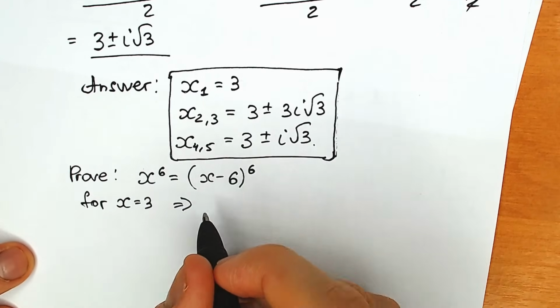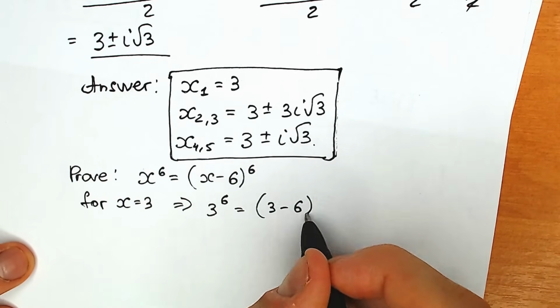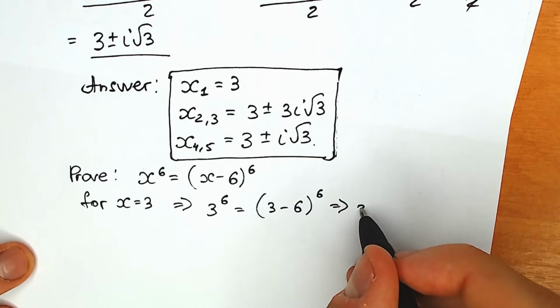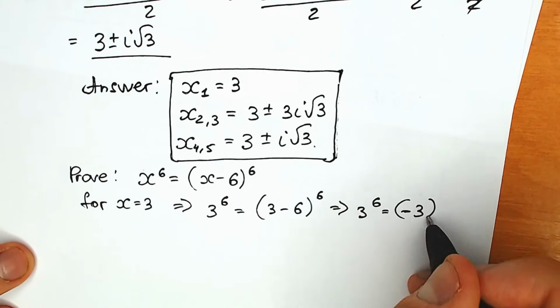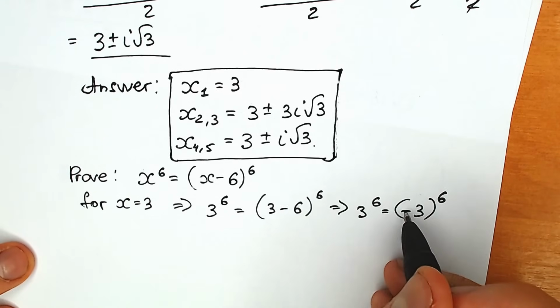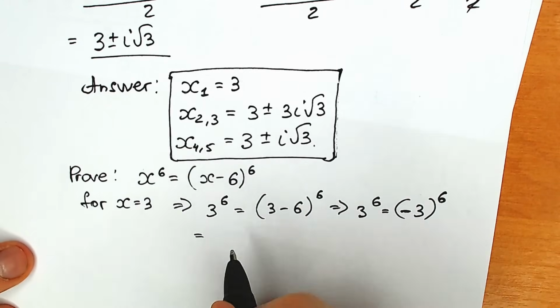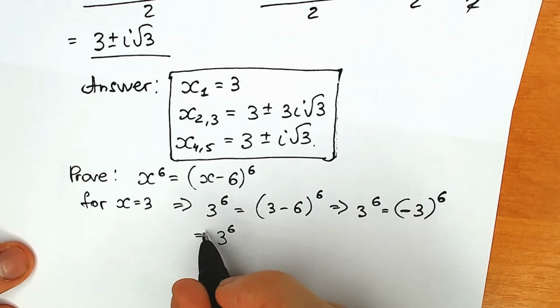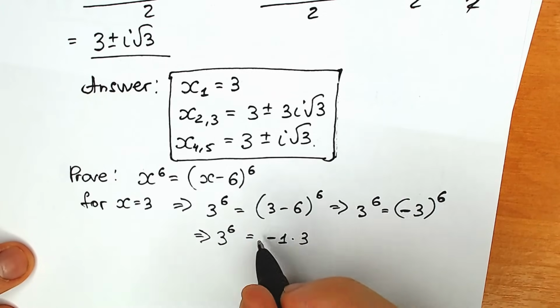As a result, what do we have? We have 3 to the power 6 equal to 3 minus 6 to the power 6. From here we have 3 to the power 6 equal to minus 3 to the power 6. And because of this even power, this minus 1, I can easily prove it real quick for you, because maybe someone doesn't understand. So we have 3 to the power 6 equal to, we can write it as minus 1 times 3 to the power 6.